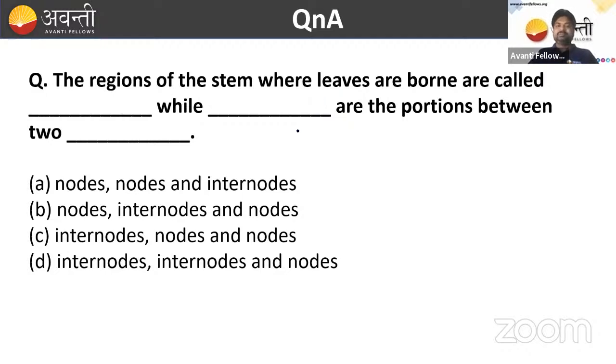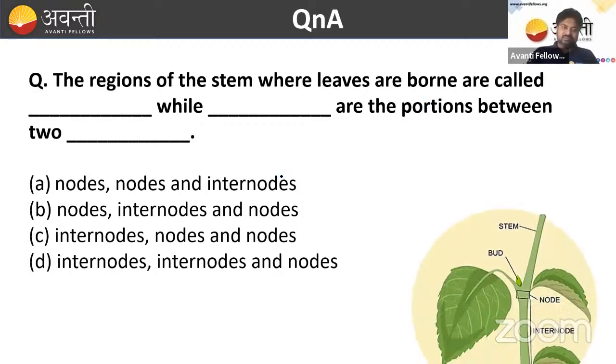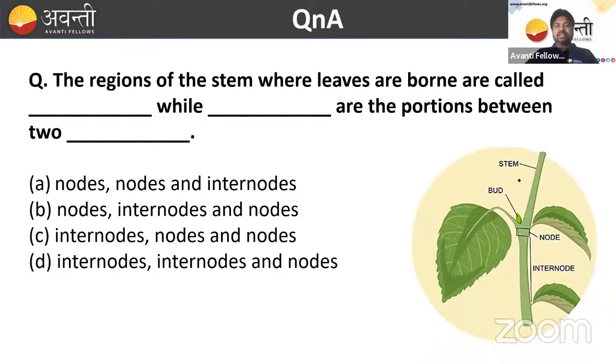Okay, ठीक. Chalo, so I'm ending this poll, and here you can see one of the diagrams. In this diagram you can see clearly where the node is. They said the region of the stem where leaves are borne, मतलब जहां से leaf born होता है, so leaves are born at the node part.